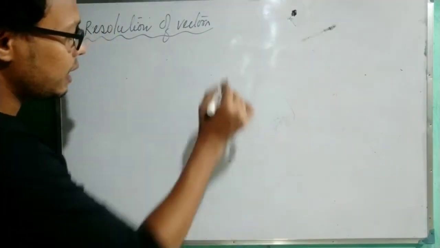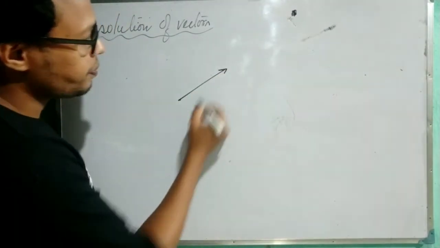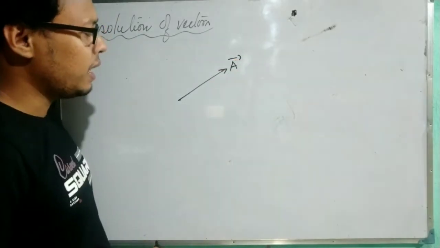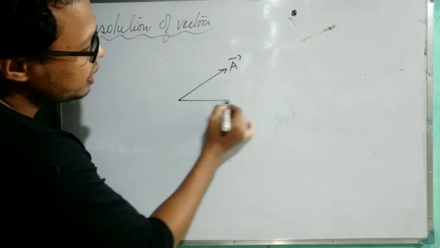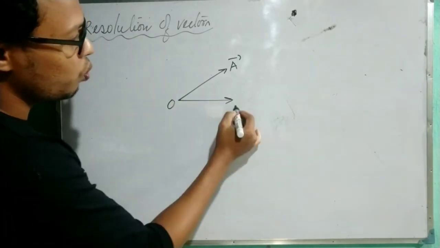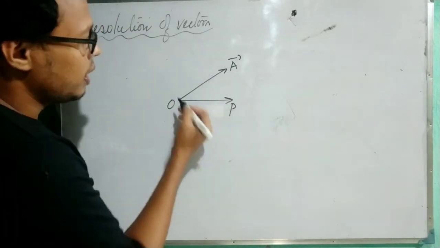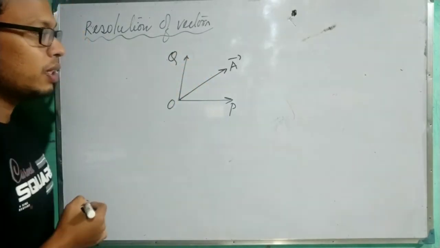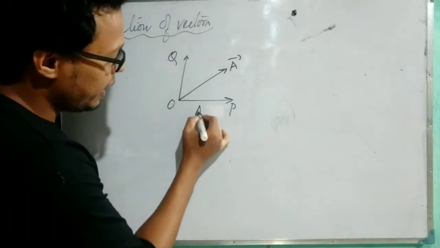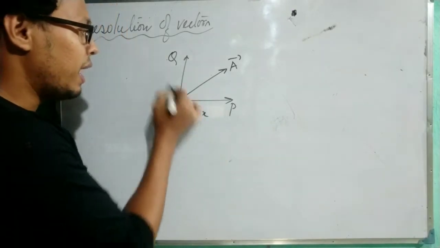I am drawing the diagram. Suppose this force, I am writing A. This is also a vector quantity. Along this direction it has some effect, suppose OP, and along the y direction it has some effect, suppose OQ. This is called AX and this is AY.